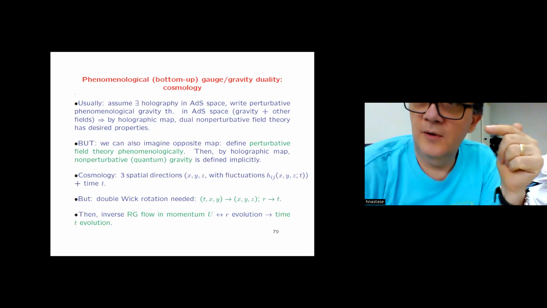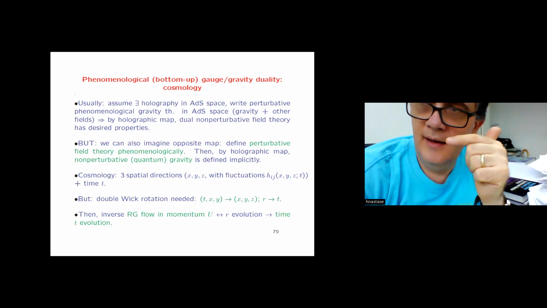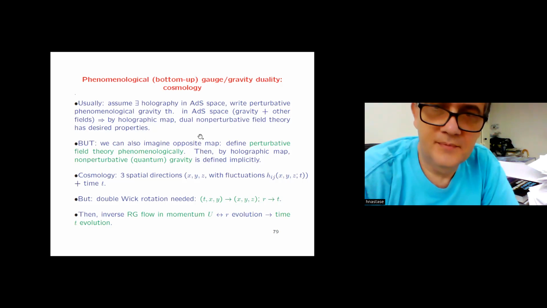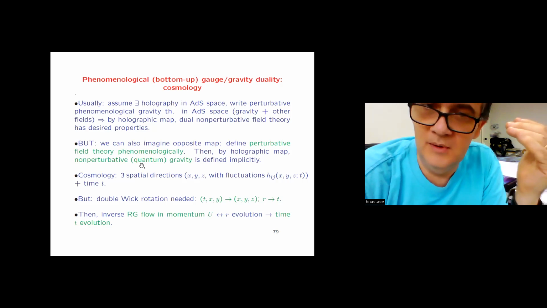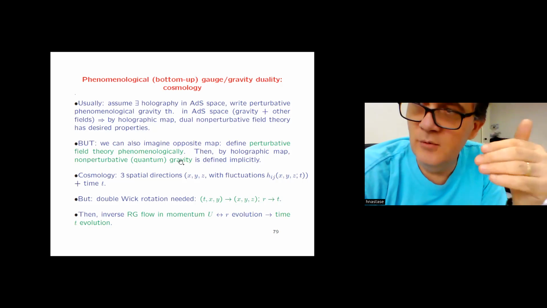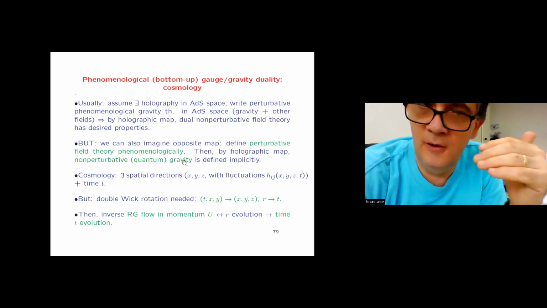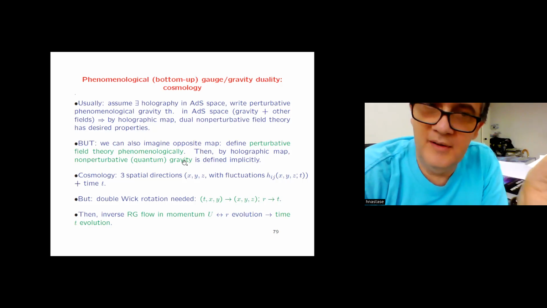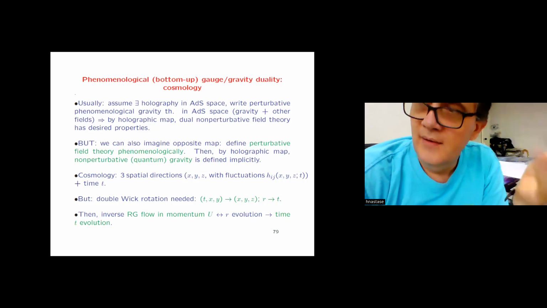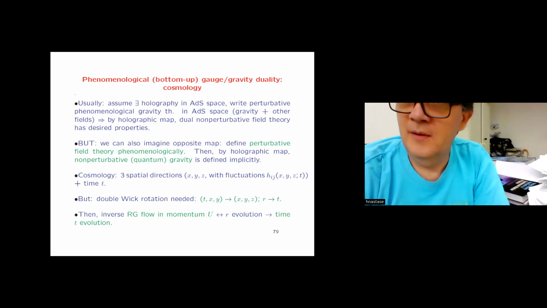We want to go from field theory to an unknown gravity theory. So we define a perturbative field theory phenomenologically, and then by the duality map, the holographic map, the perturbative field theory will correspond to a non-perturbative, that is highly quantum, gravity. It will be defined implicitly by the holographic map. So even though we don't know what it is, the holographic map defines it implicitly, giving us some desired phenomenology.